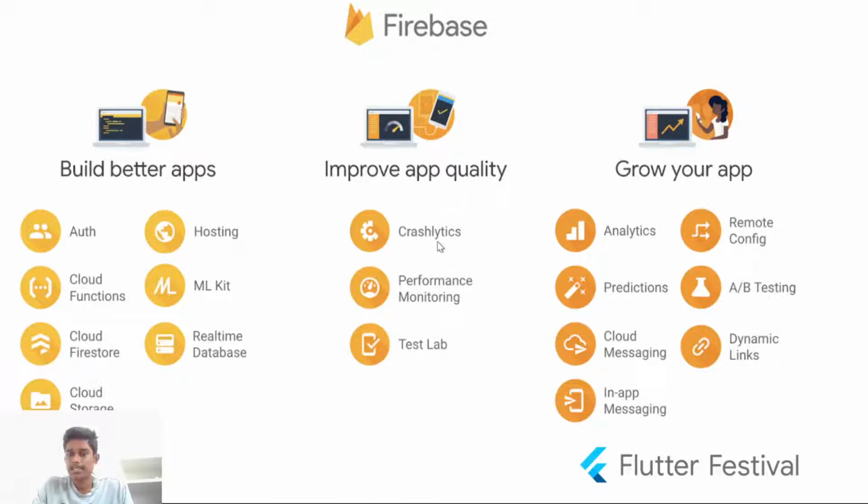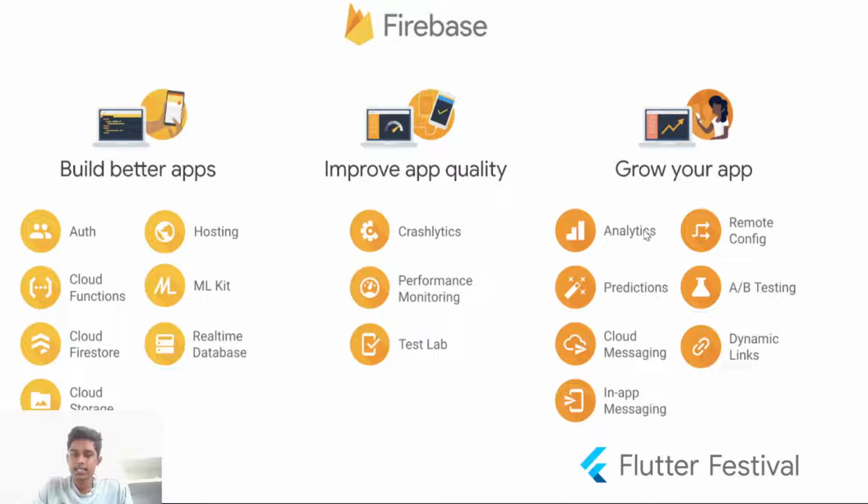So next is growing your application, starting with Analytics. Analytics tells you how long your application is being used by the user, and whenever he opens the application, for example in the daytime, how many times he uses it. You can analyze those things and provide some user-specific data to the user.